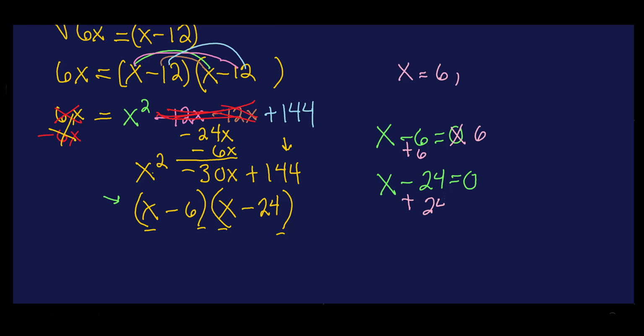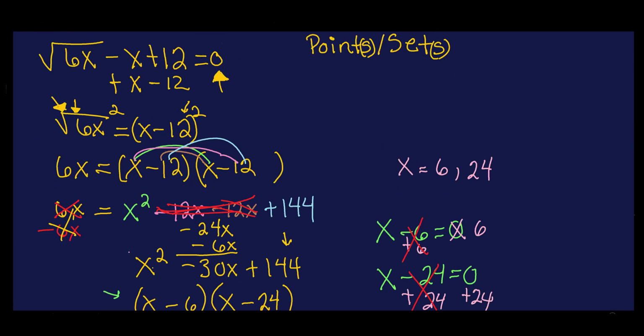We're going to add 24 here, add 24 here. And remember, when you add these, they cancel out. Now we know that our other solution is going to be 24. Okay. So we'll end up with 6 and 24.